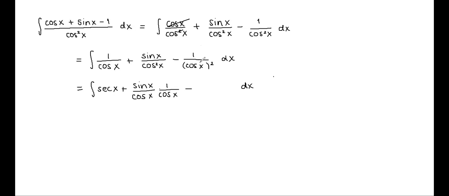And then if I have 1 over cosine of x, the whole thing squared, this is the same as 1 over cosine of x, where I have applied the square over here because 1 is just 1 squared. All right, at this point I have secant of x. Now, sine over cosine is equal to what?